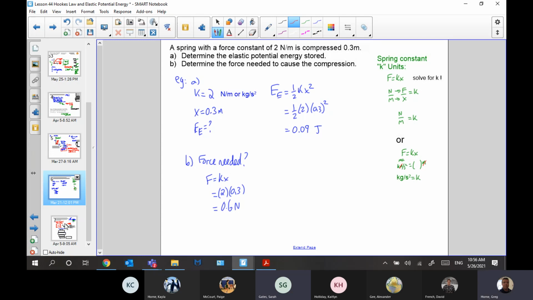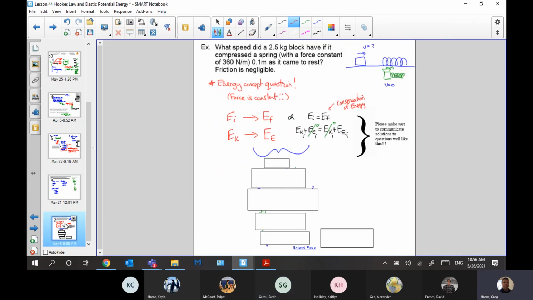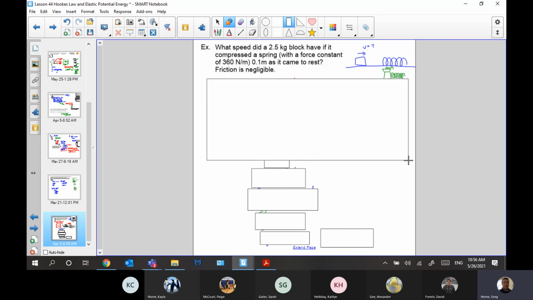All right, so this one here is a little more tricky. What speed did a 2.5 kilogram block have if it compressed a spring? Let's put another block in the way here so we can just focus on things. If it compressed a spring with a certain spring constant, 0.1 meter as it came to rest.